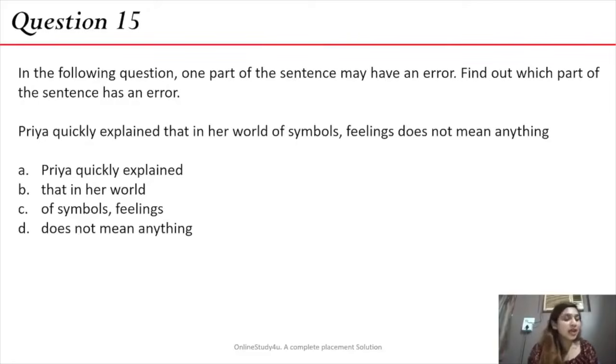Which part out here has the error? Priya quickly explained that in her world of symbols, feelings do not mean anything.